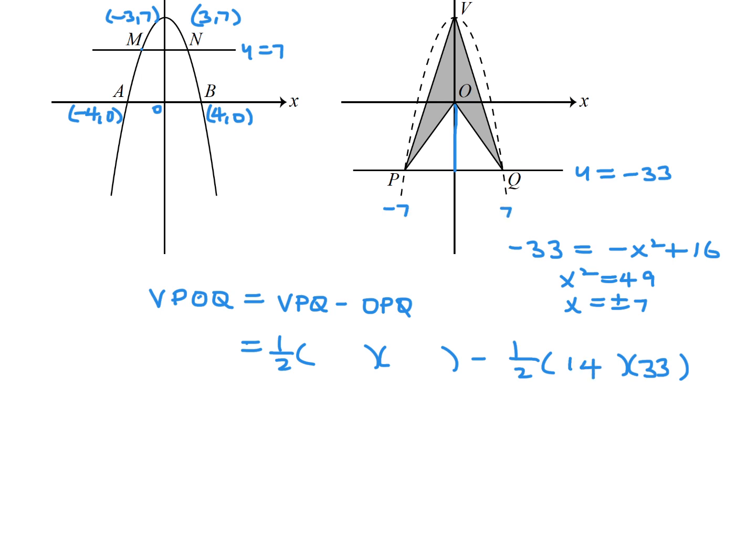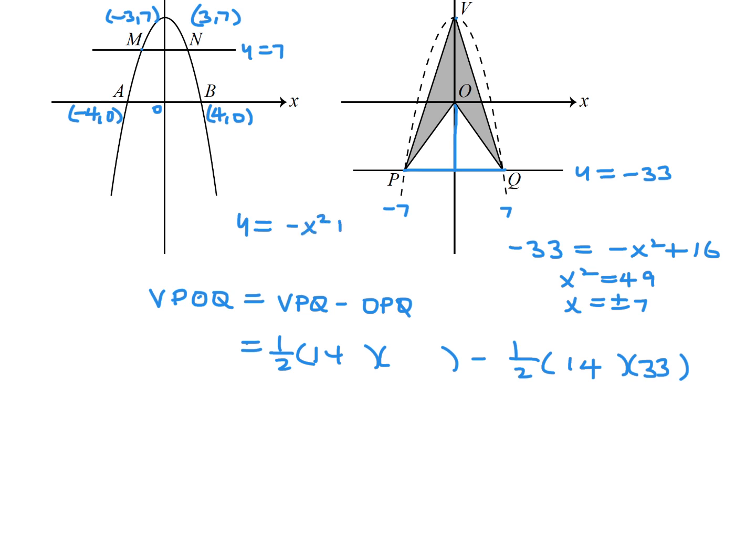Okay, now we'll turn our attention to VPQ, the big guy. I think the base is the same, so that's 14. But the height is going to be all the way up to V. And what was that? That's the y-intercept, so that would basically be when x is 0.